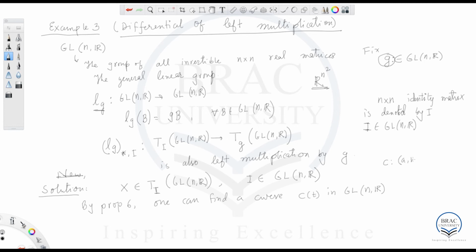It's a map from (a, b) to GL(n, R). So it's a curve in the manifold GL(n, R) such that C(0) is that particular point, the identity matrix in GL(n, R), and C'(0) is that tangent vector in this tangent space. It's guaranteed by proposition 6 that we can find such a curve.